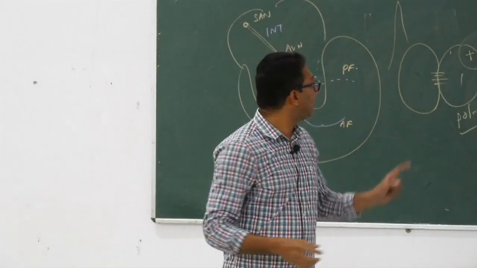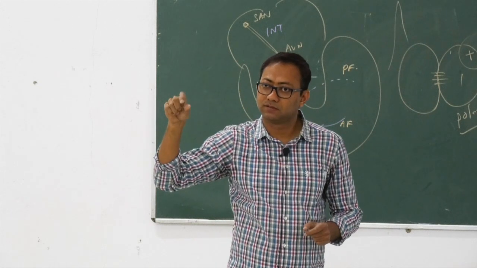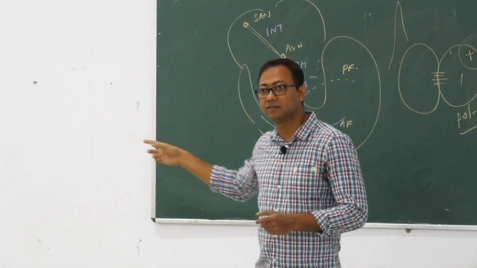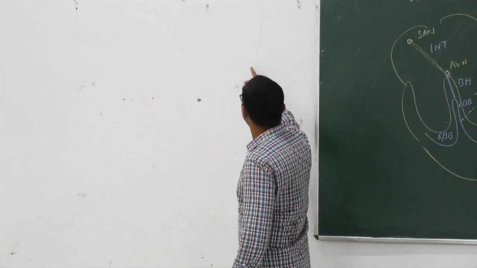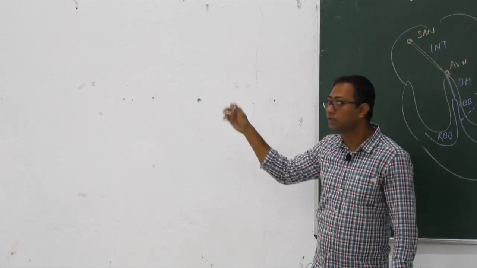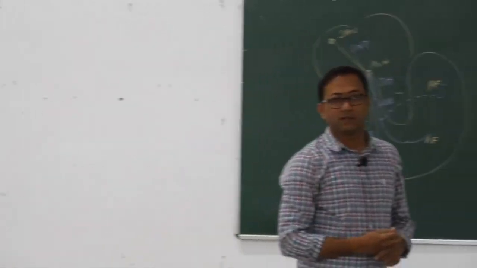All these bricks are connected by gap junctions. If we depolarize one brick inside, another brick will get depolarized because they are connected by gap junctions, and then the whole ventricular wall gets depolarized.